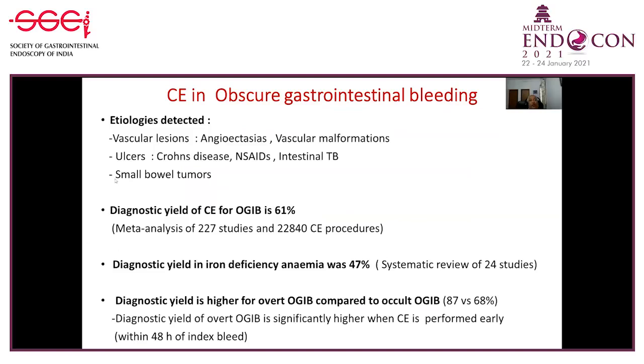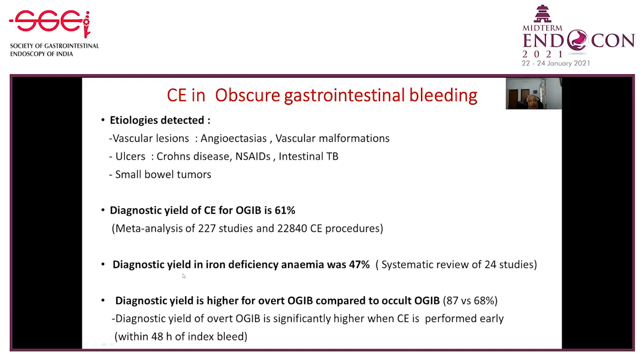The major etiologies that are detected with capsule endoscopy in obscure GI bleed are vascular lesions, ulcers, and small bowel tumors. The diagnostic yield of capsule endoscopy in obscure GI bleed is 61%, which comes from a meta-analysis of 227 studies, including almost 23,000 procedures.